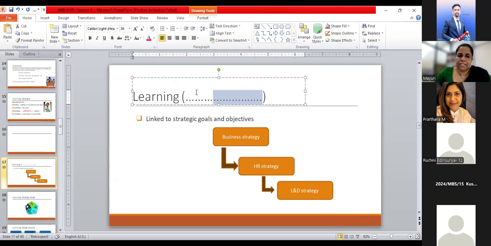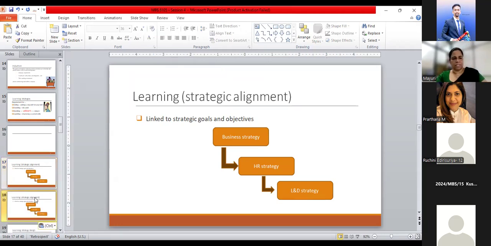We call it strategic alignment. We look at the business strategy, convert it to the HR strategy, and from the HR strategy we derive our learning and development strategy.